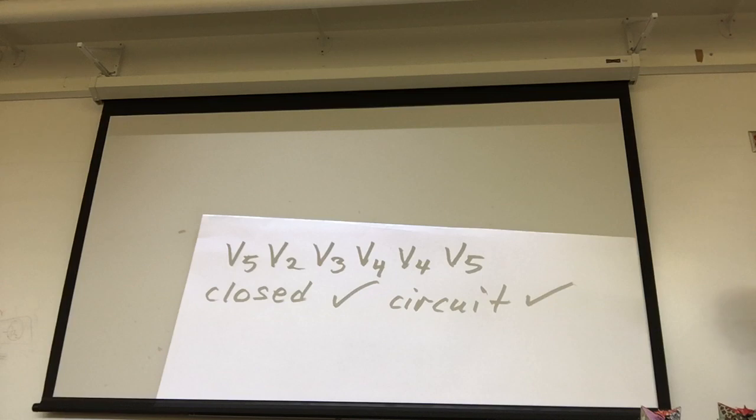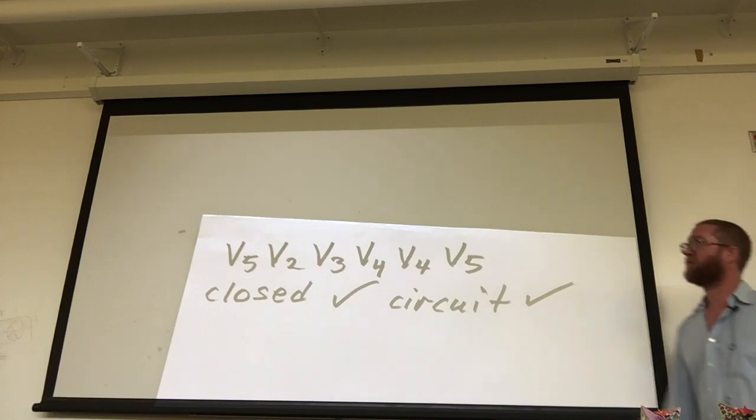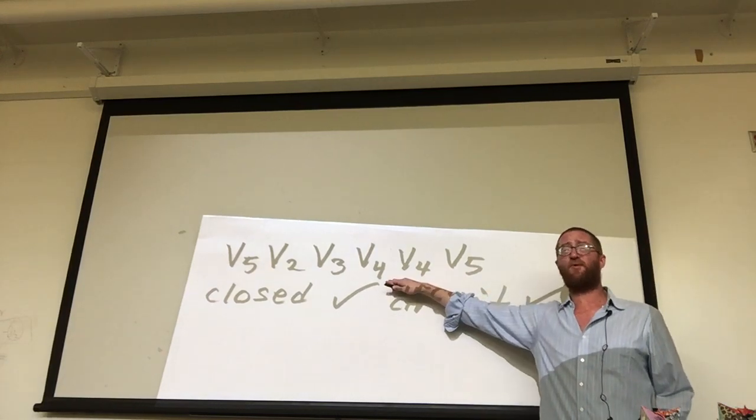Normally when I do this, I start at closed and then figure out these, and then we can go back and look at trail and path. I consider these more important. A simple circuit is a circuit that does not have any repeated vertices except for the first and the last one. Well, we end up hitting V4 twice.